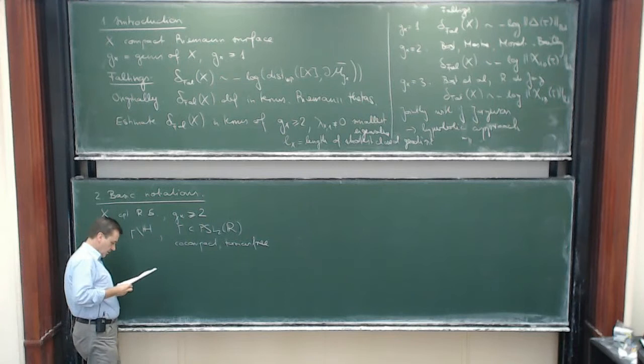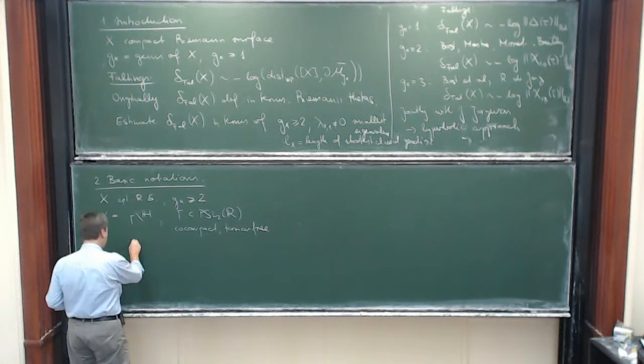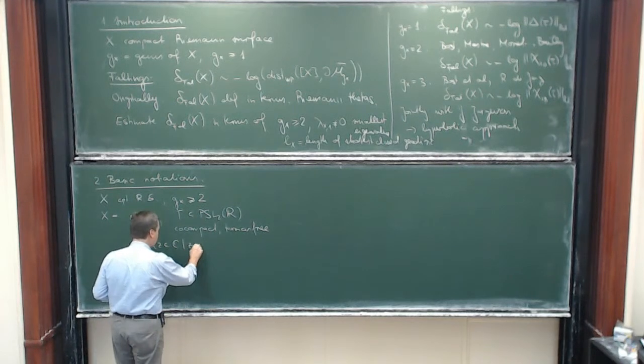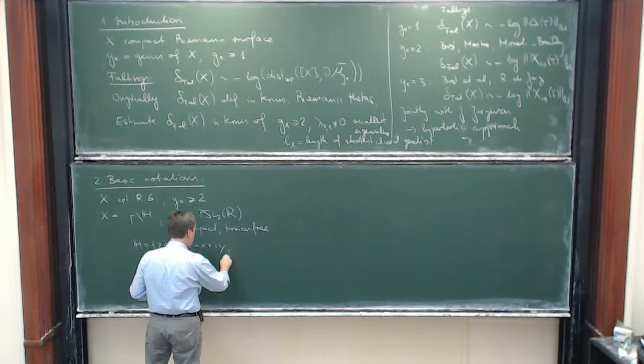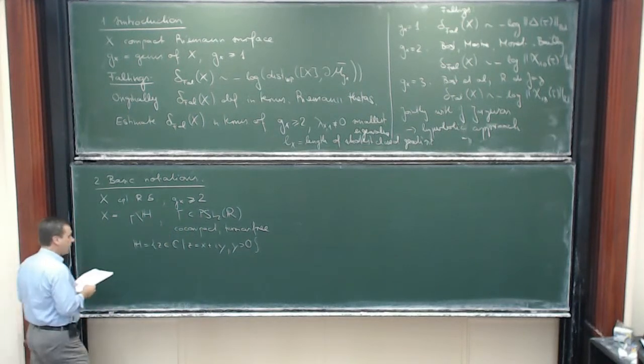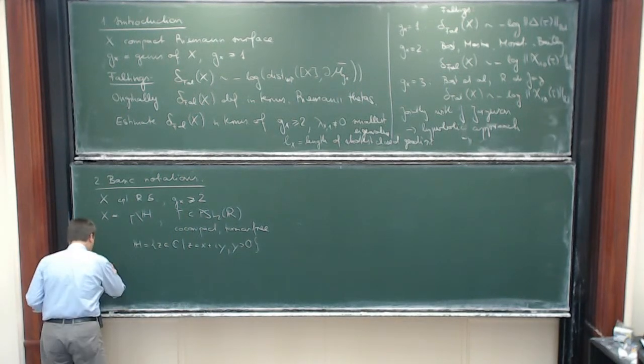Now I write down the upper half plane H, z in C. I usually write z = x + iy, real and imaginary part. And now I need the metrics, so I have the hyperbolic metric.